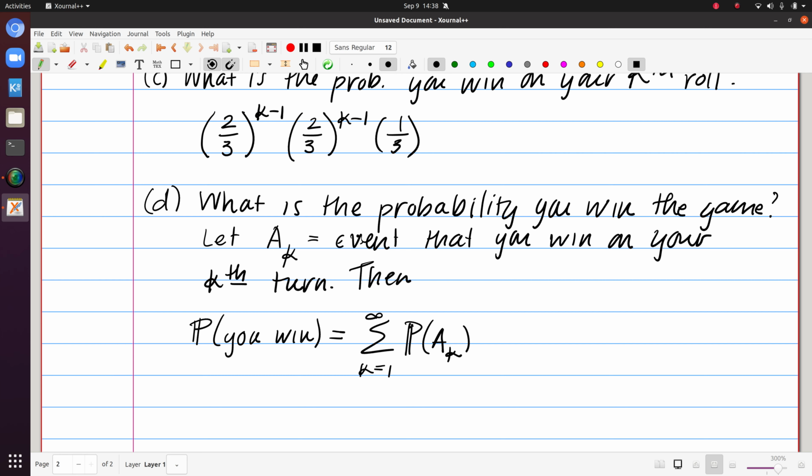There's no overlap or intersection between those different events. So we're simply adding up those probabilities. Importantly, we can interpret our answer in part C as the probability of A sub k. So I can substitute that in there. So this is (2/3)^(k-1) times (2/3)^(k-1) times 1/3.